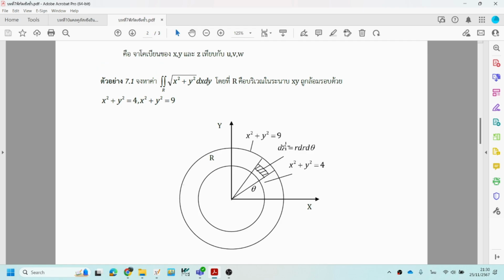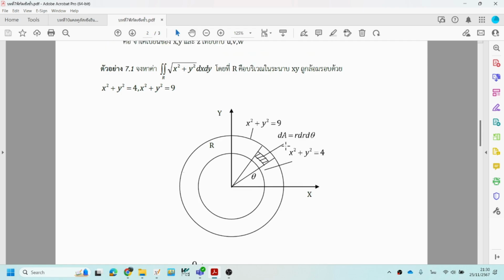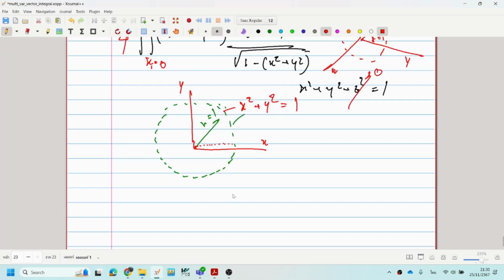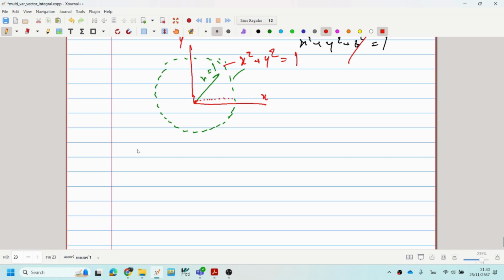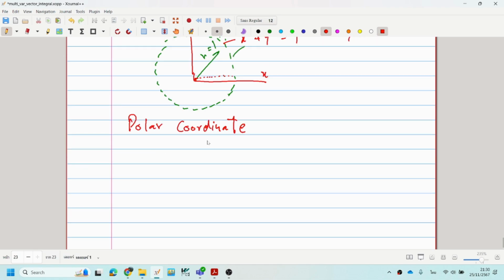Okay, the polar coordinate. Come back to the direction. In polar coordinates, x equals r cosine theta and y equals r sine theta.